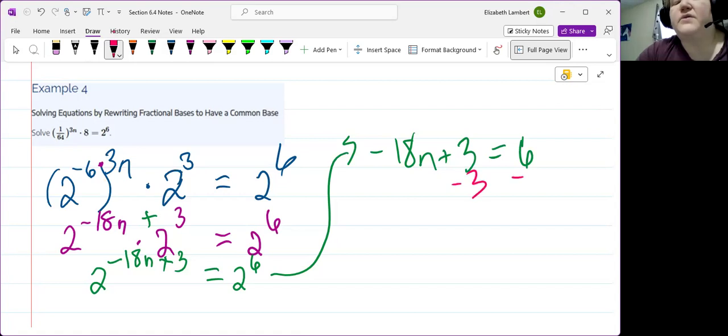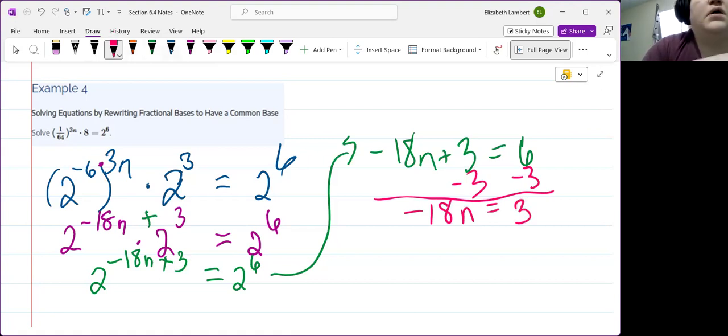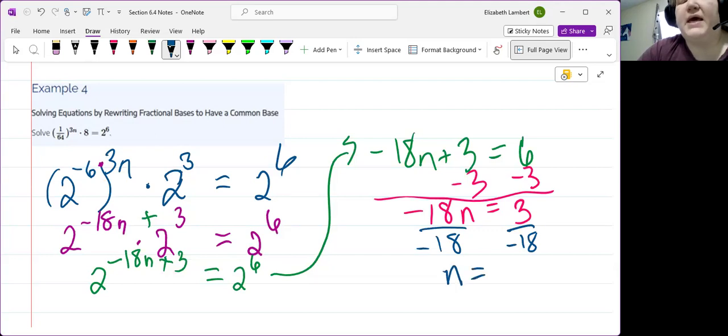So we minus 3. So we have negative 18n equals 3. And then we're going to divide by negative 18. That's huge. We get n is negative 1/6.